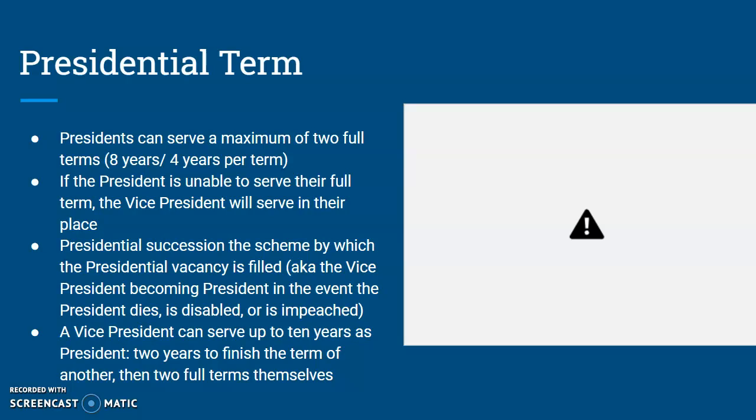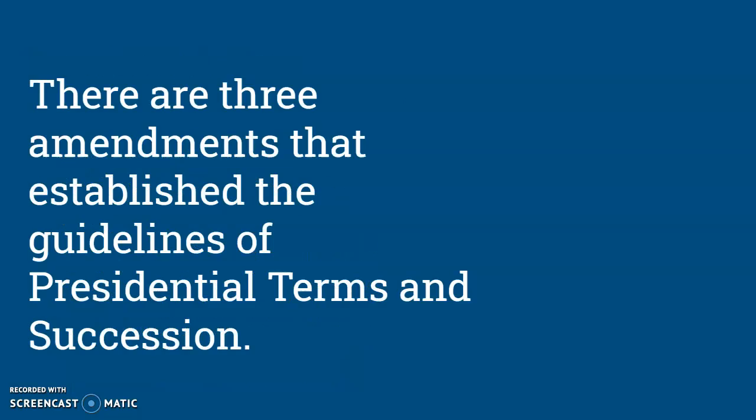And so the vice president can serve up to 10 years as president, 2 years to finish the term of another that had to leave office, and then 2 full terms themselves. If the president were to die, be disabled, or be impeached less than 2 years into his term, the vice president could then only serve 1 full term and the remainder of that president's term.